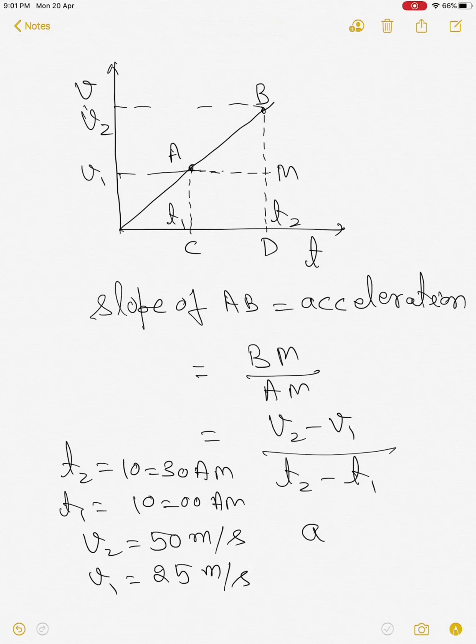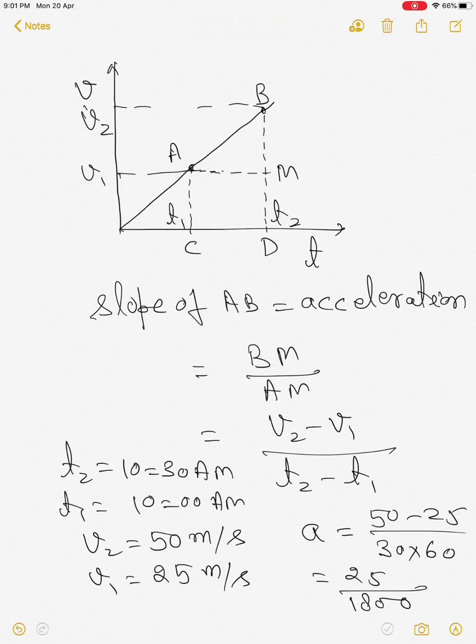Then acceleration a is equal to 50 minus 25 upon half an hour. 10:30 minus 10 is half an hour, or 30 minutes, or 30 into 60 seconds. It will be 25 upon 1800. You can calculate it, and it will be the acceleration in meter per second square.